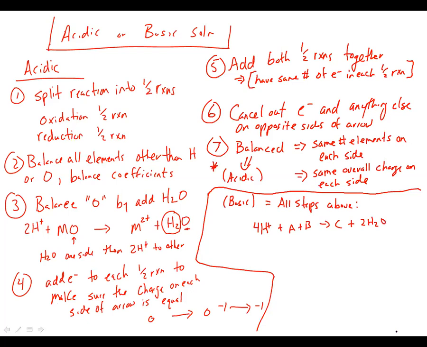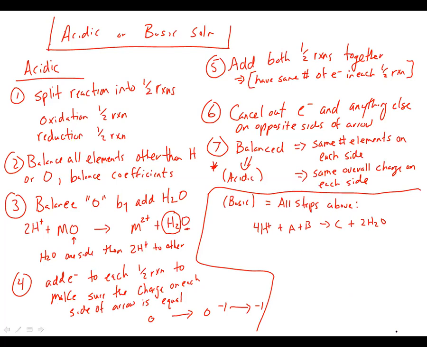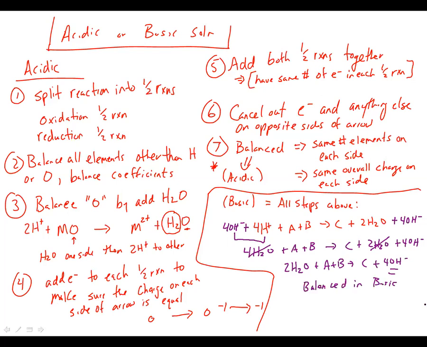What you do if it is basic is you look at your equation and see how many H pluses you have. In this example, I have 4 H plus. You would add 4 OH minus to both sides. The H plus and OH minus combine to form water on one side, and the OH minus remains on the other side, and you simplify on each side.